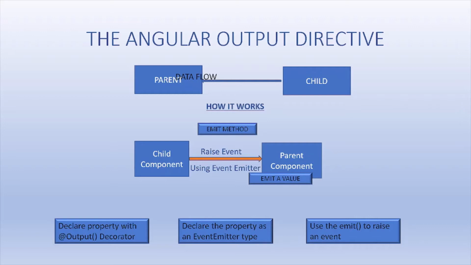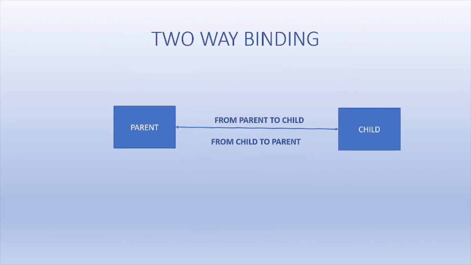Now, what if we wanted data to flow both ways, that is from parent to child and child to parent? In that case, we would use Angular's two-way binding. As is indicated here, that allows for data to flow both ways. All we need to do to include two-way binding in our application is to use a combination of input binding and event binding.